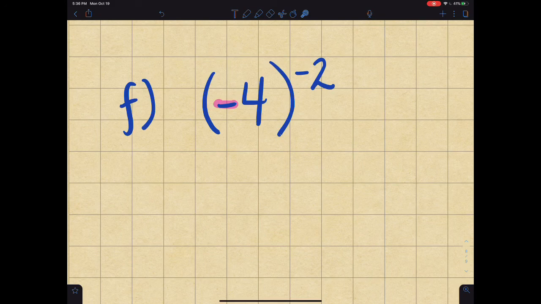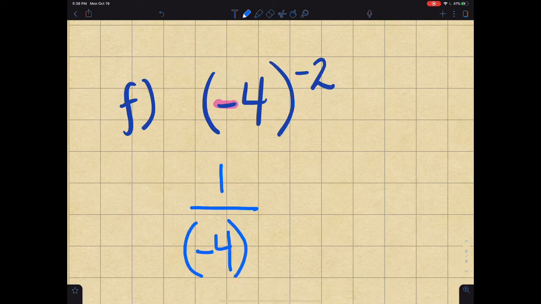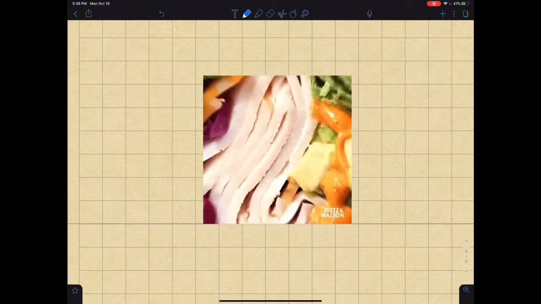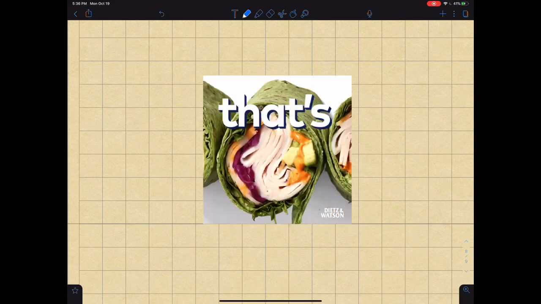You can only put your fingertip on negative signs when they're outside of the parentheses. So therefore, they basically did it the same way I did, which is 1 over negative 4 squared, and then they got the same answer, which is 1 over a positive 16. Okay, basically, that's a wrap. Get it? That's all the examples.